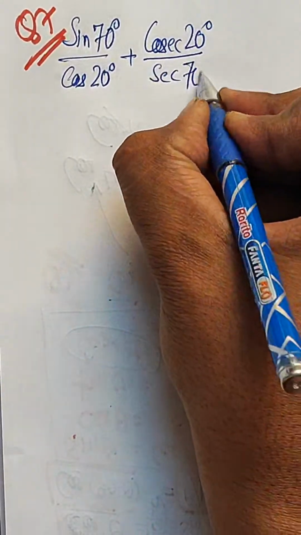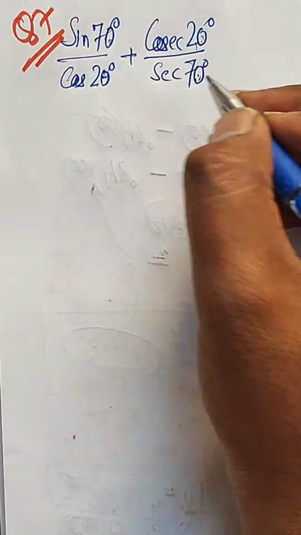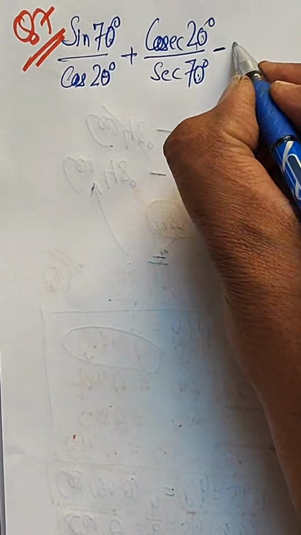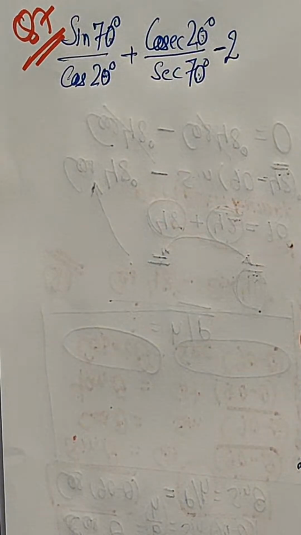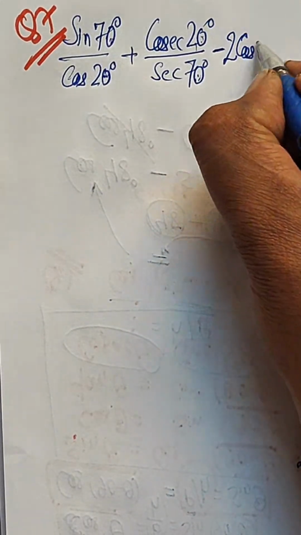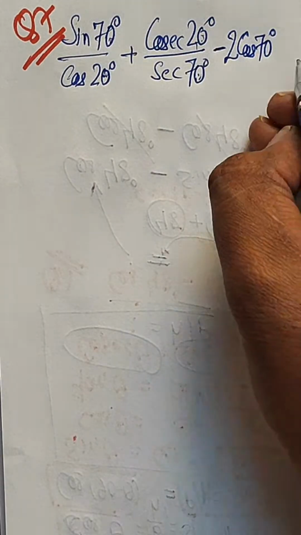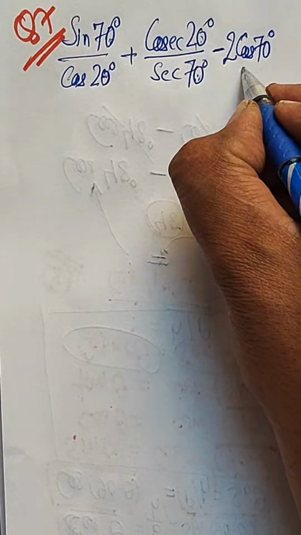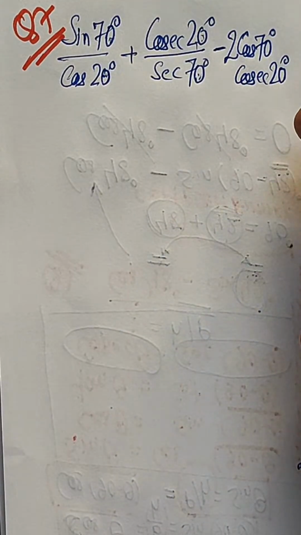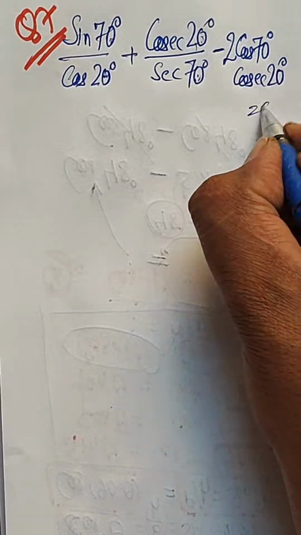You can easily observe 20 and 70 are complementary, 70 and 20 are complementary, minus 2 times cos 70 cosec 20 degree into cosec 20 degree. All this is equal to 0. We need to prove it.